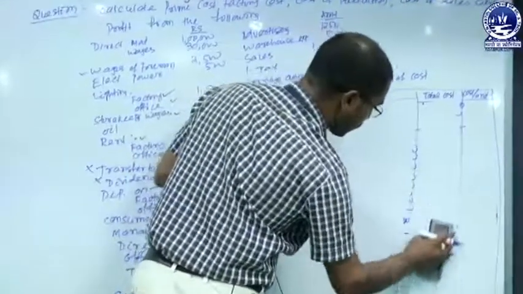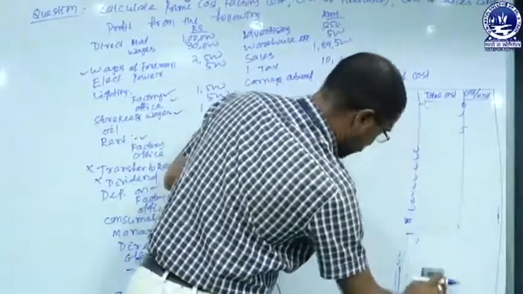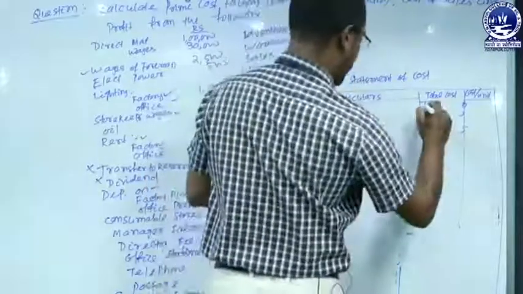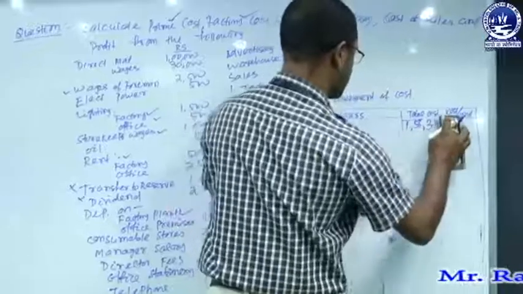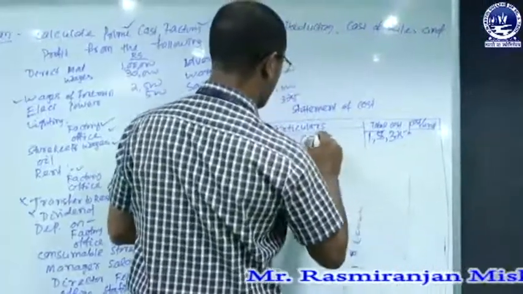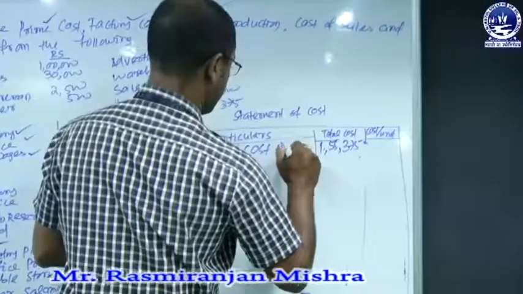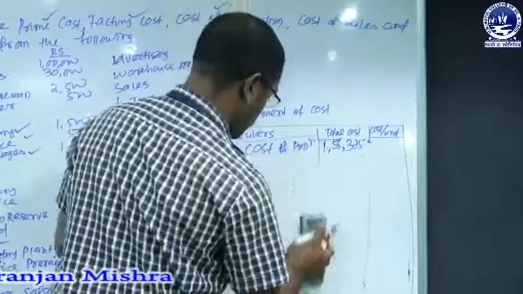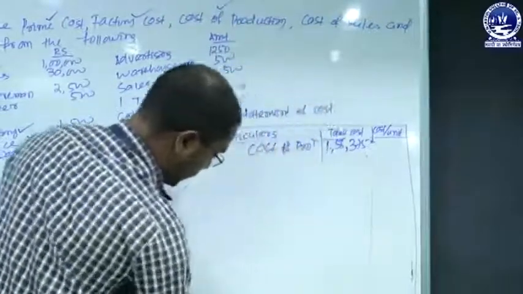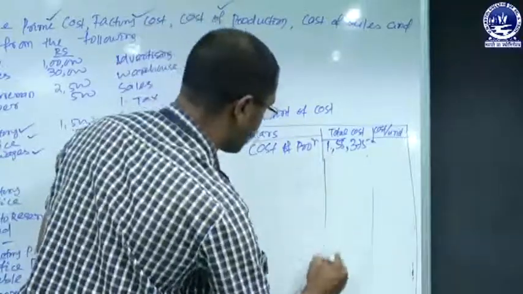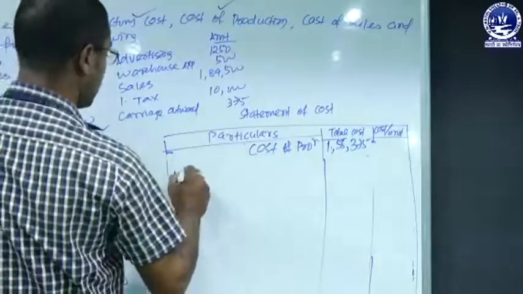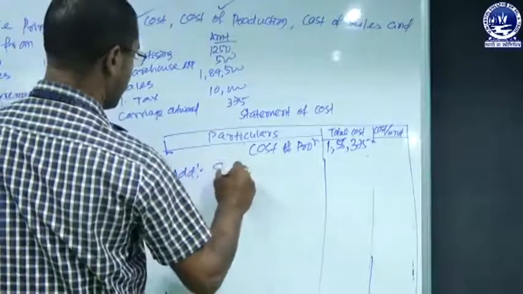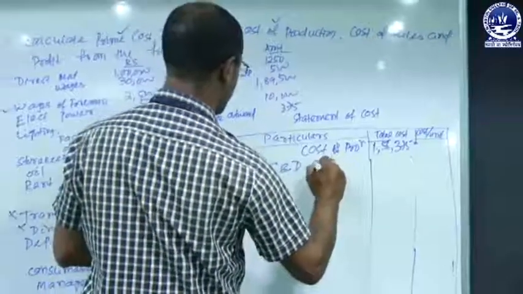So we must consider 1,55,375, which represents the cost of production. We must take into consideration the selling and distribution overhead at the time of preparing the cost sheet to find out cost of sales. So we add it with the cost of production.